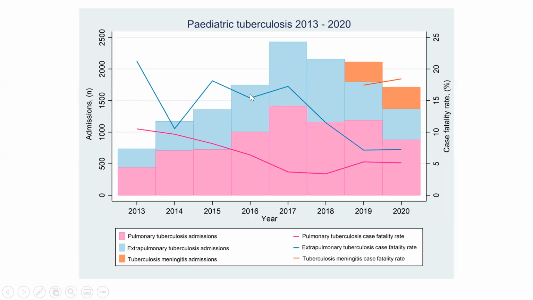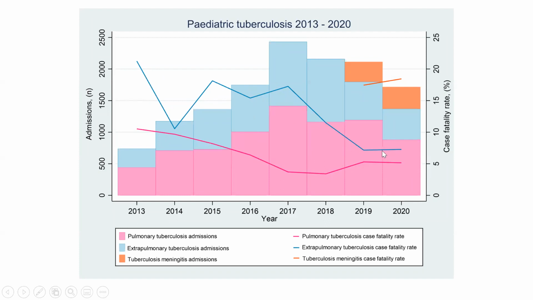The other bit that's encouraging is the case fatality rate. And this is the case fatality rate from pulmonary TB, on the y-axis on the right side. And this is the case fatality rate in blue from extrapulmonary TB. And you can see that there was a reduction in case fatality rate.